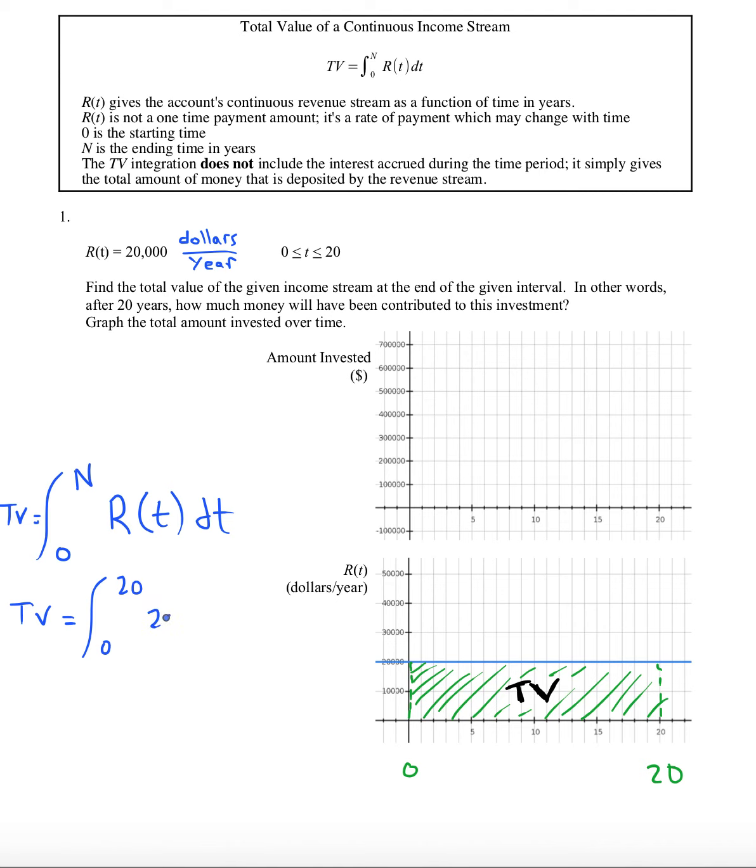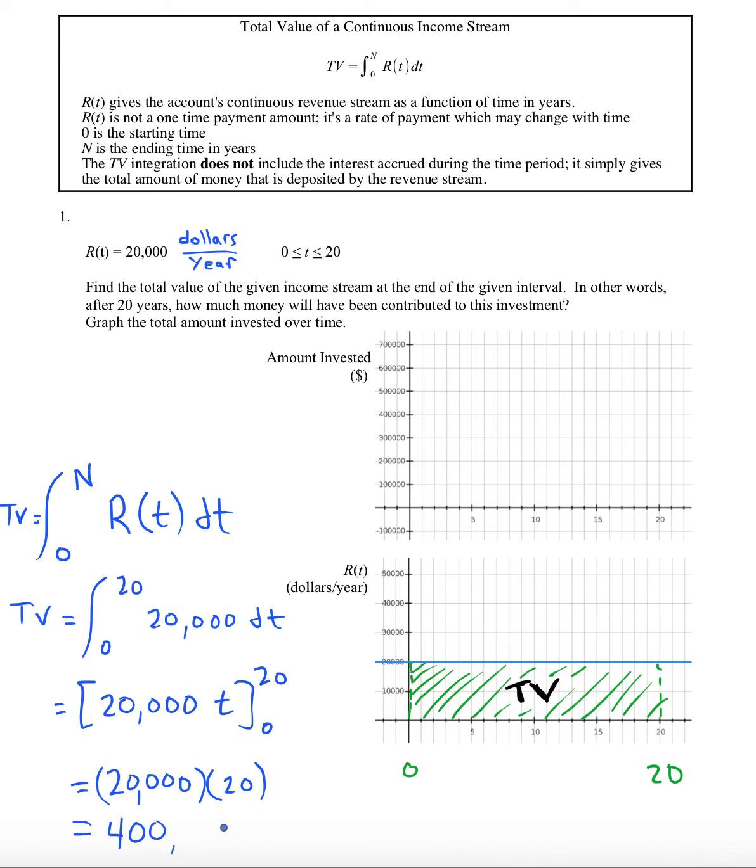Put in the numbers. Get our antiderivative. It's $400,000.